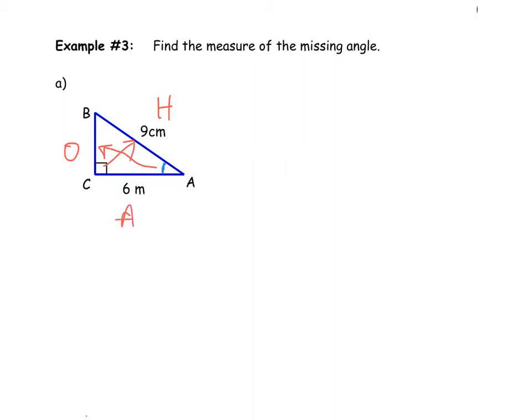And so now I have to remember SOHCAHTOA. I'm going to write it up here, because it's my friend when I do right-angled trig. And I'm going to look and see, in my triangle, what information do I have? Well, I have this 9 centimeters, and that's my hypotenuse. And I'm going to just do something real quick here and change this 6 to 6 centimeters, because they weren't meant to have different units.